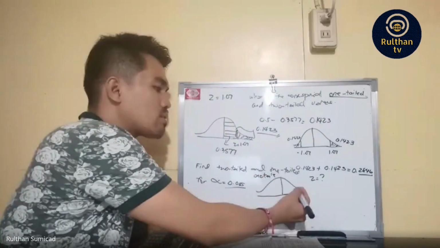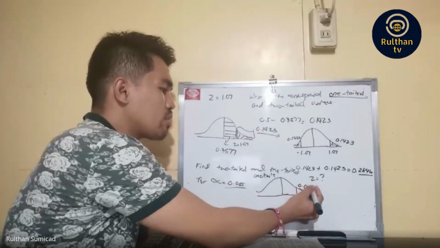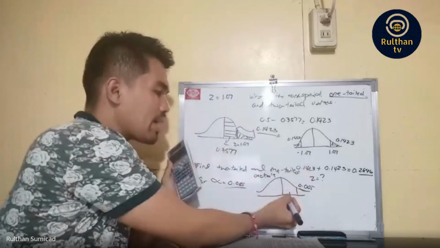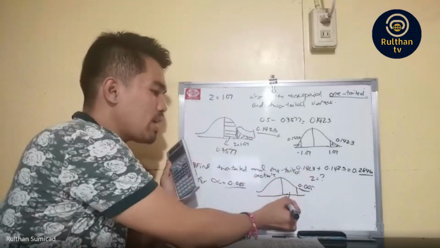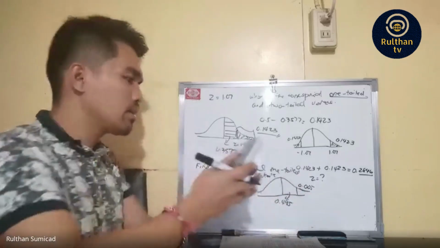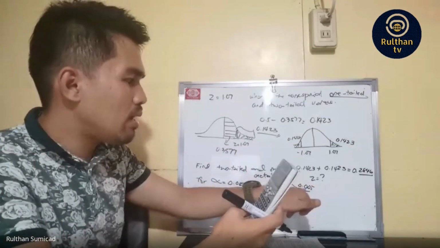For one tail, that's just one area here, and this is 0.005, or 0.5%. So it's only this area here that is 0.4950, correct? 49.5%.